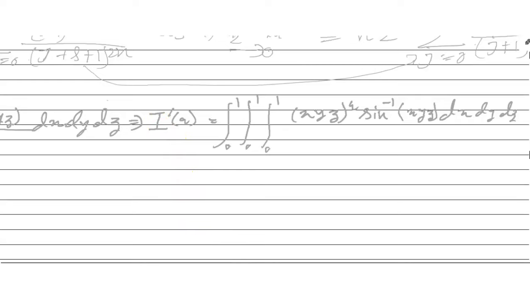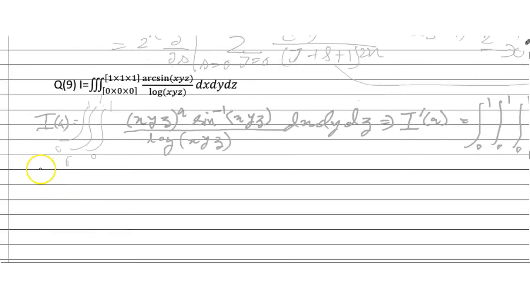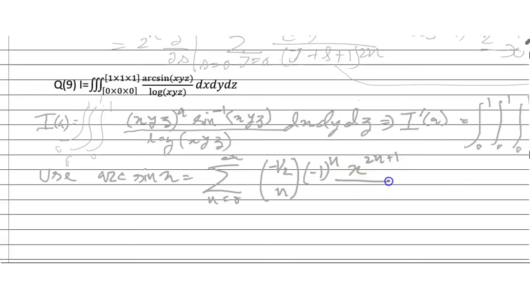Now we use the arc sine series formula. Arc sine x equals summation n equals 0 to infinity, minus half into n, minus 1 whole to the power n, x to the power 2n plus 1 divided by 2n plus 1.